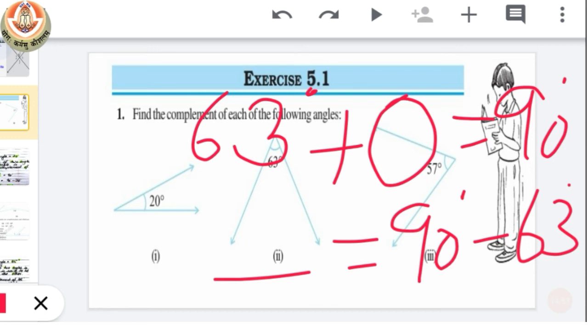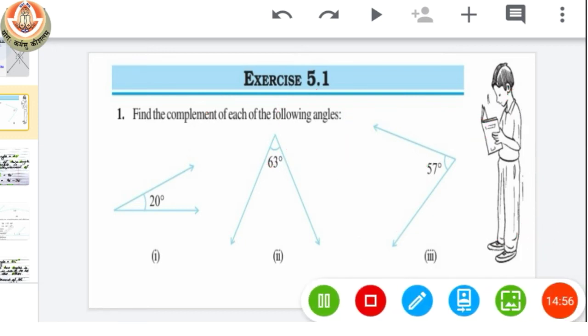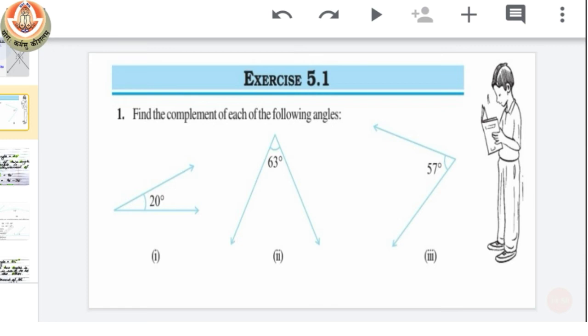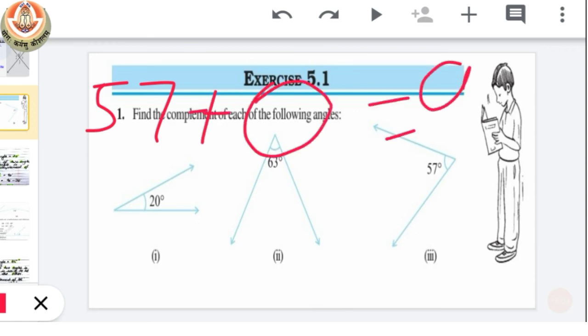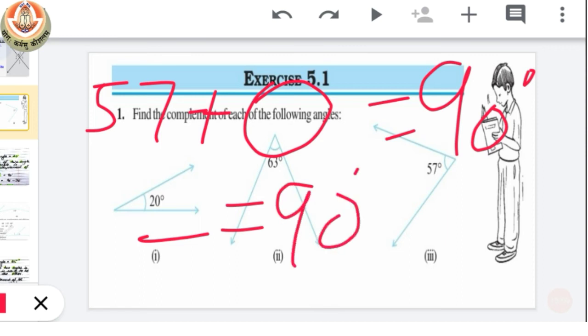Similarly, in the case of 57, the sum of 57 with its complement should be 90. That means its complement is 90 minus 57 degrees.